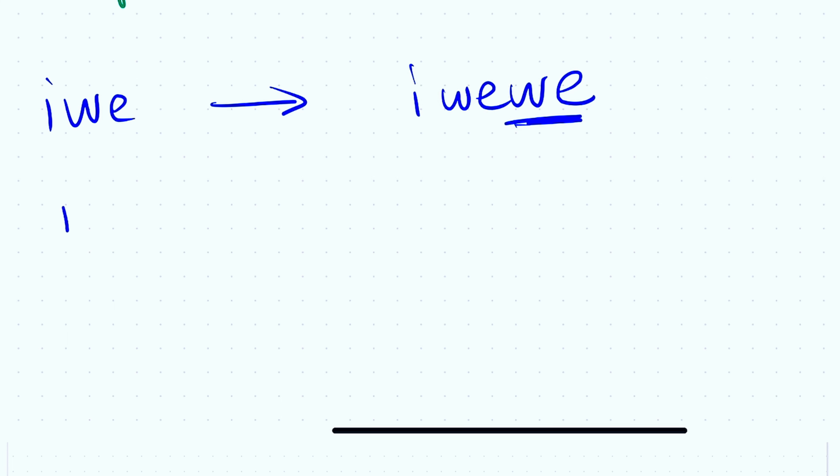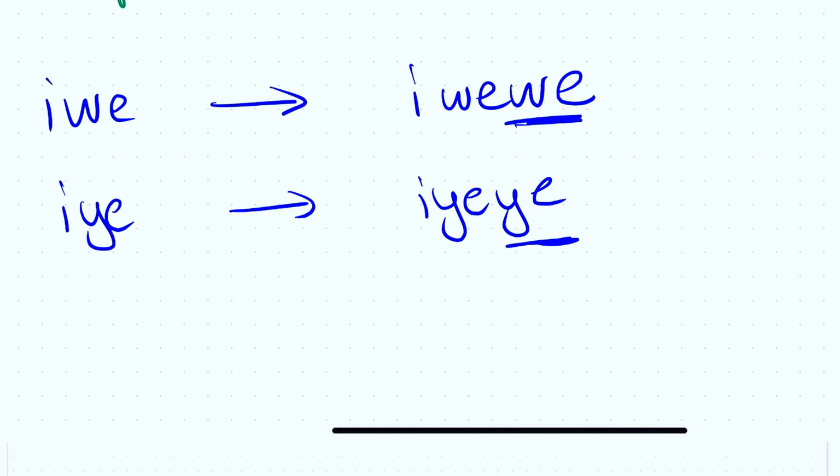You can have iye, and that becomes iyeye, which becomes him. You can have ivo, which becomes ivavo, which becomes them. This one slightly changes and is not ivovo, it's ivavo.